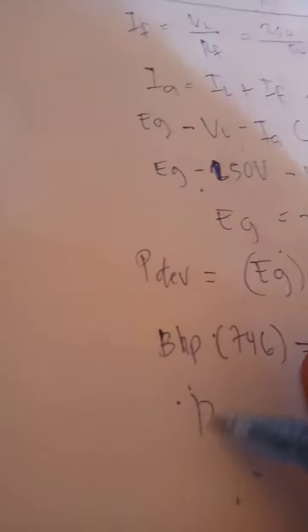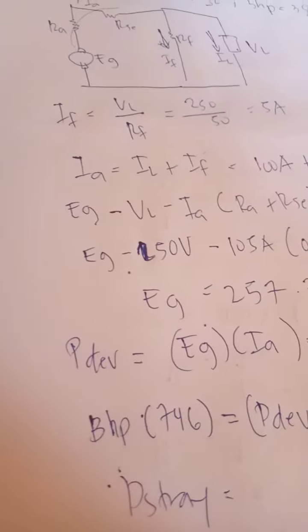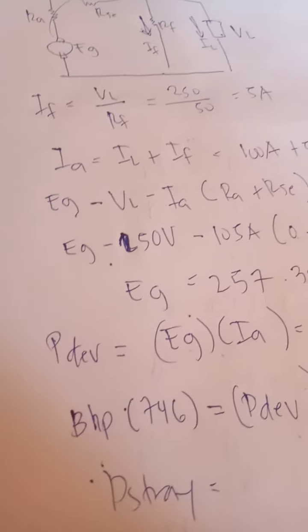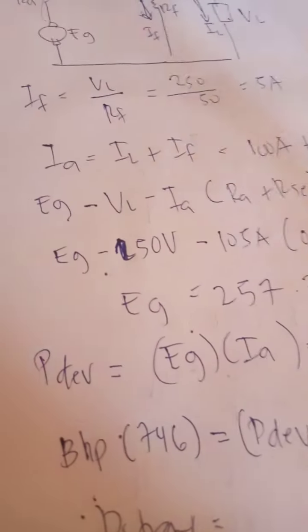We should have P stray is equal to 88 times 746 divided by 2702.75.